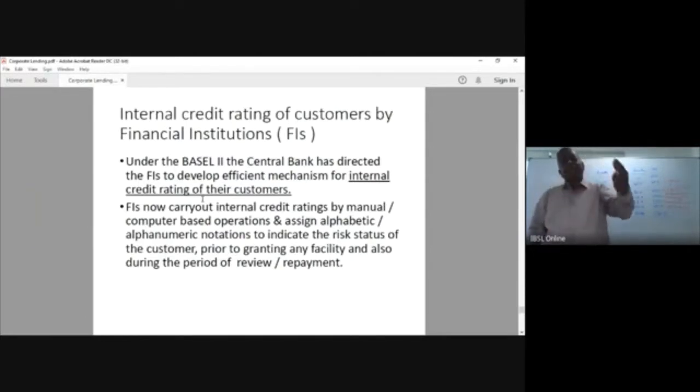So before granting, and even after, during the repayment or the review time, they have to rate their customers. Internal credit rating should be done by the financial institutions in Sri Lanka on their customers. That is internal credit rating.